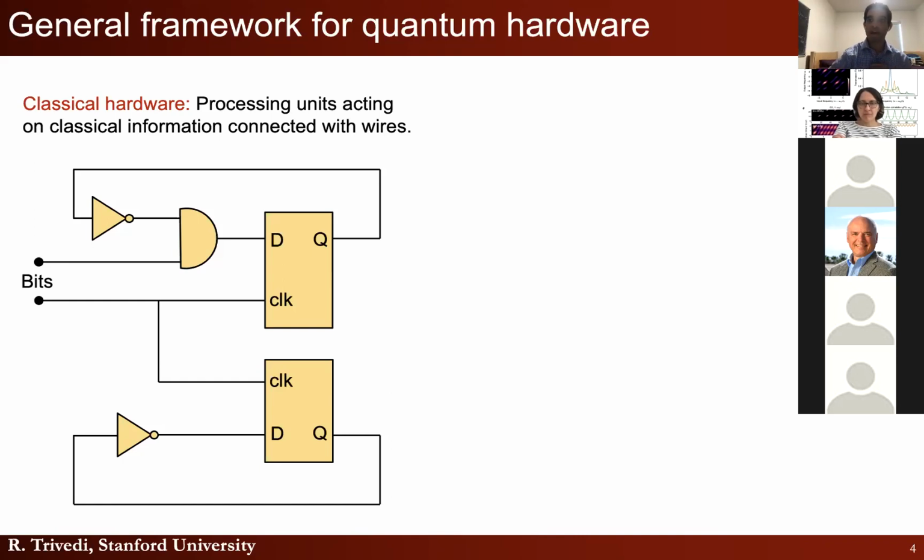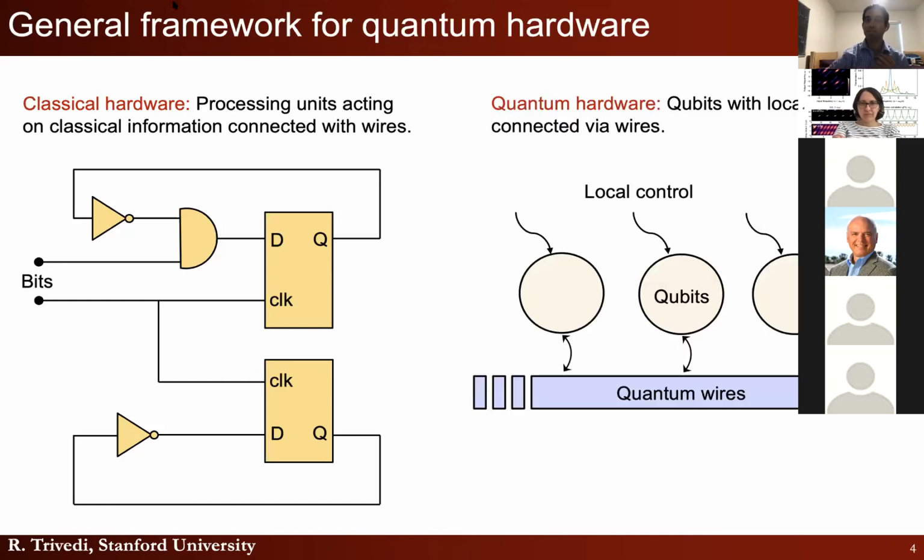When we think of quantum hardware, we really have a very similar system at hand. Now, instead of classical information, we have quantum information that is stored in the state of quantum systems, which we call qubits. These states can be manipulated locally by applying some kind of controls to the qubit, so you can perform single-qubit operations by simply locally manipulating the qubit.